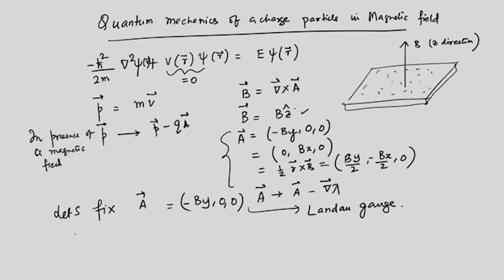So, we will have this equation, which is 1 over 2m, because it is p square over 2m, so we have (px minus E B y) square plus py square plus pz square, and you can put the 2m outside. Then psi is equal to E psi is the equation.